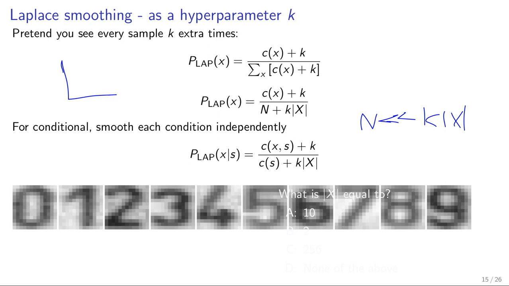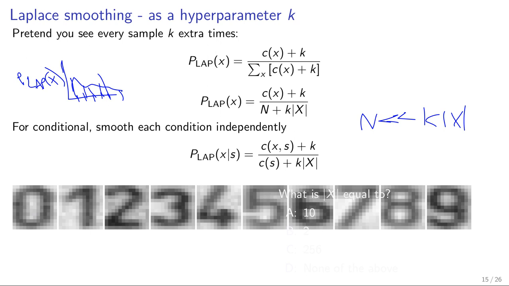So you have this P Laplace of X, and here you have the different values. Initially, if you have just the data, this has some form, in this case a discrete probability distribution. So you have a probability mass function, and if you now choose a big Laplace smoothing, Lukáš says 1/2 for both.